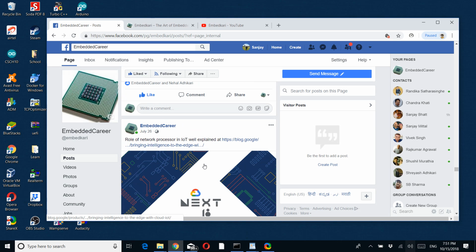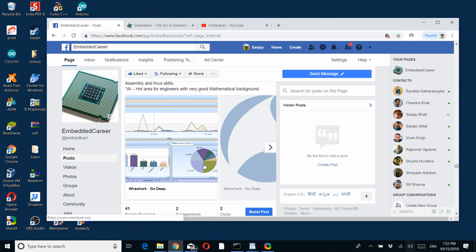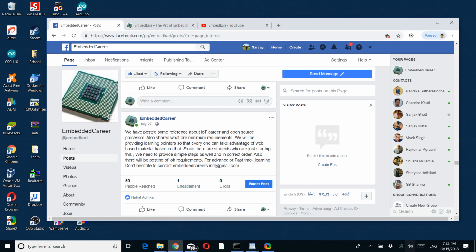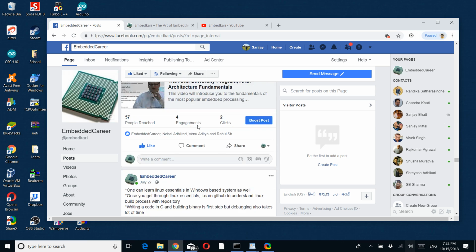Okay, so I am just scrolling through so that I can find something interesting. IoT, again, what RISC-V is, artificial intelligence related information, and also a complete guideline related to Linux for fresh graduates, how they can learn Linux.